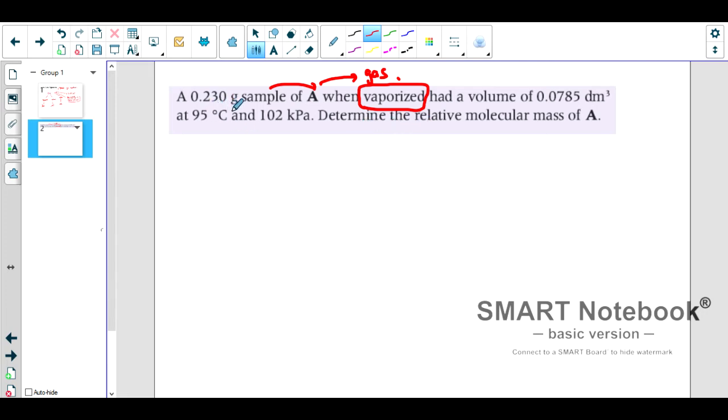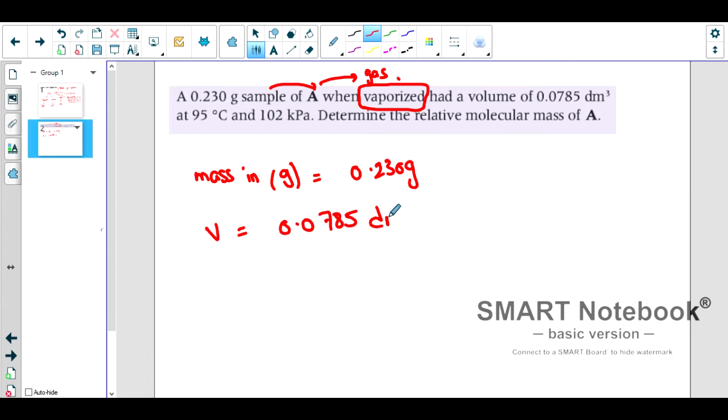Okay, this is 0.230 gram. This is grams, so this is the mass in grams. The volume given is 0.0785 dm cube.